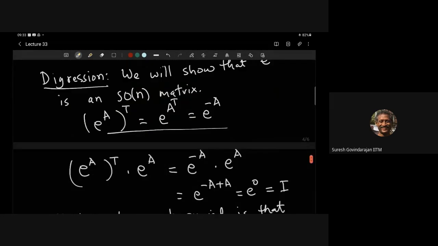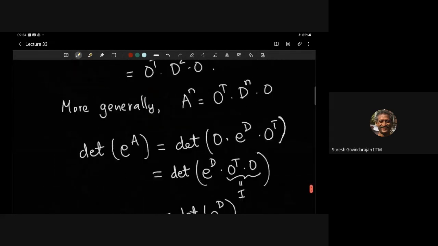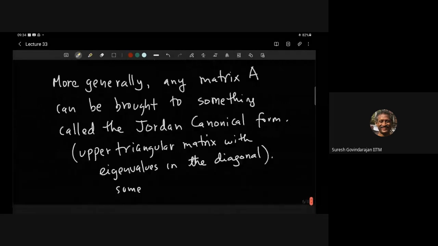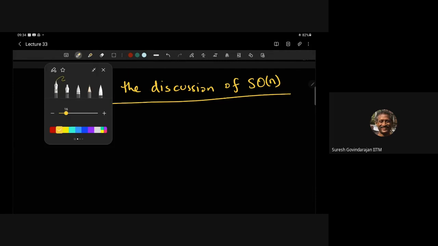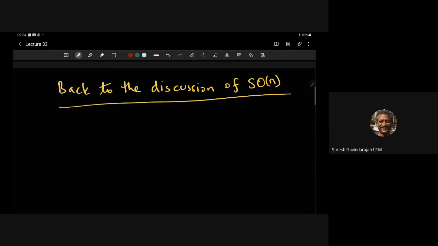Okay, so back to the discussion. I wrote out some properties of the exponential. Let us quickly see some examples again. Let's do SO(2) first.